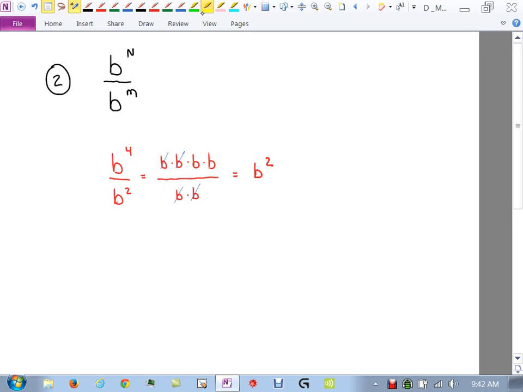What we notice is that that 2 we got actually comes from subtracting these two, right? If you take that 4 and take away the 2, you would have gotten this 2 over here. So it's not a coincidence, that is the property. So the property says that this will be equal to b to the n minus m. So that's our second property.